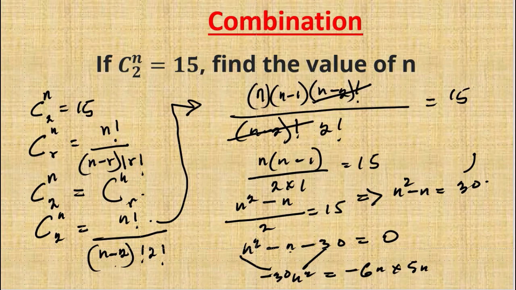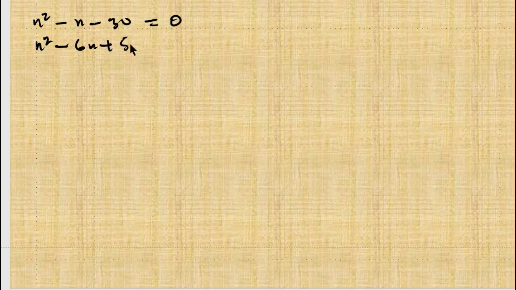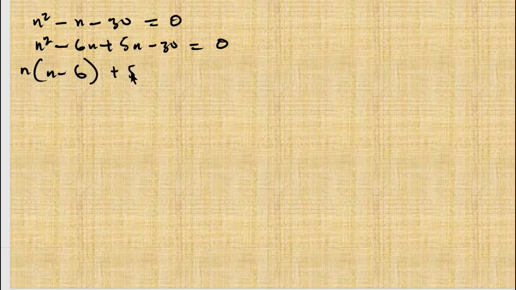Let's open another slide. So here is n squared minus n minus 30 equals 0. We've agreed that minus n will be replaced with minus 6n plus 5n, so n squared minus 6n plus 5n minus 30 equals 0. Now let's bring out n. n into n minus 6 plus 5, I'll be left with n minus 6 again, equals 0.